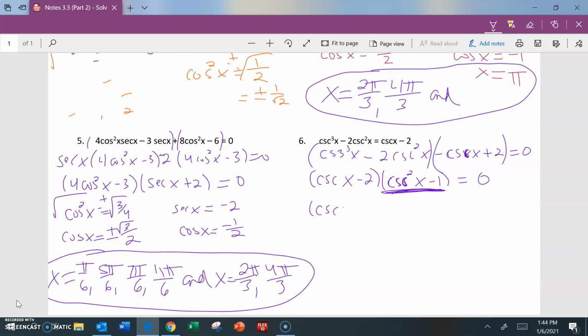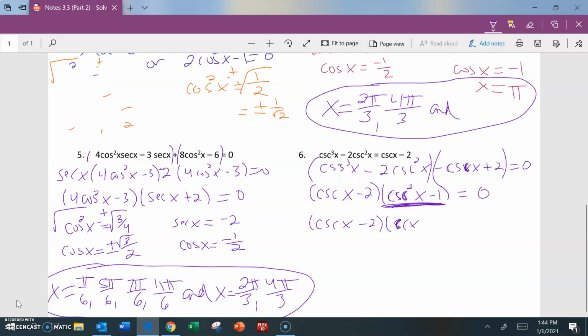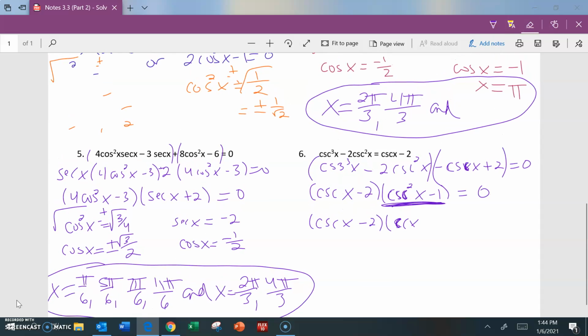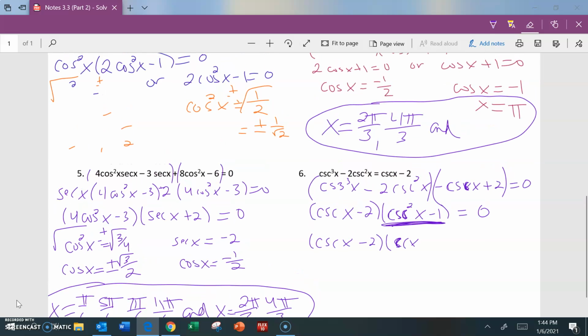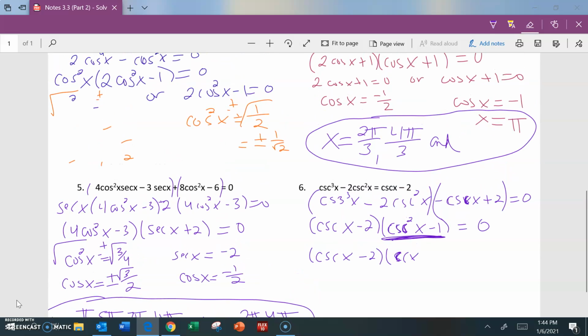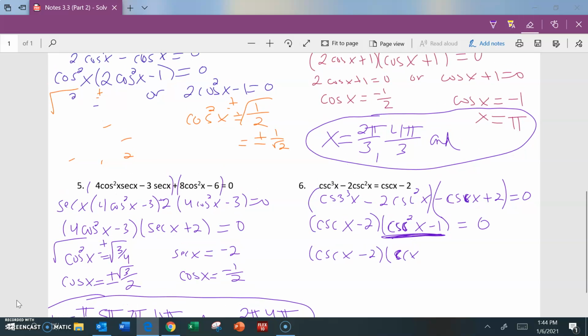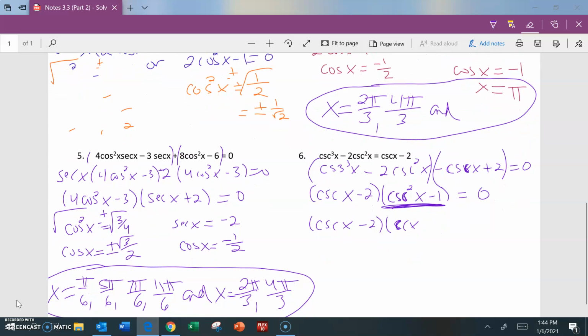So we actually have the cosecant of x minus 2 times the cosecant of x plus 1 times the cosecant of x minus 1. Remember, this branched off and factored into those two.